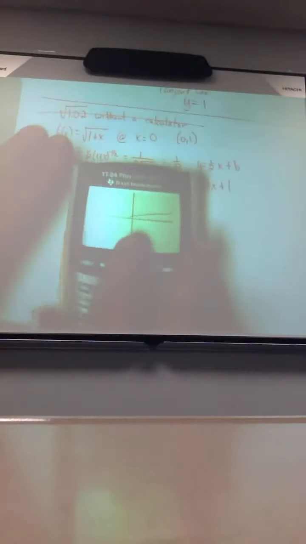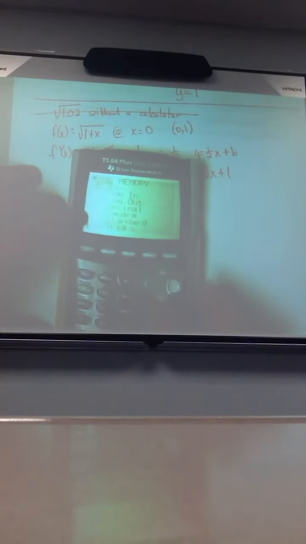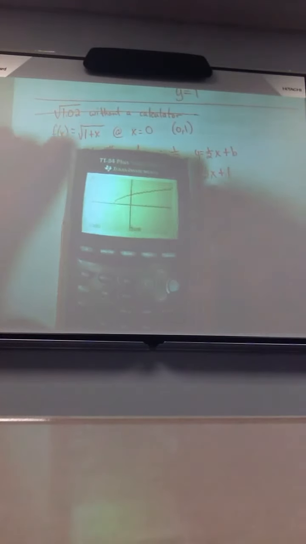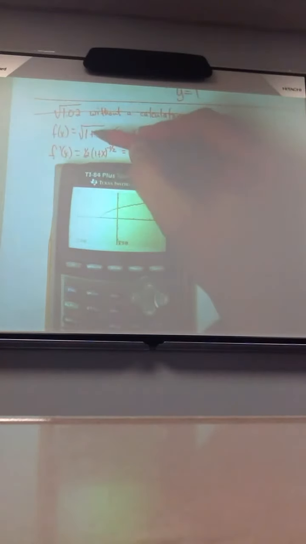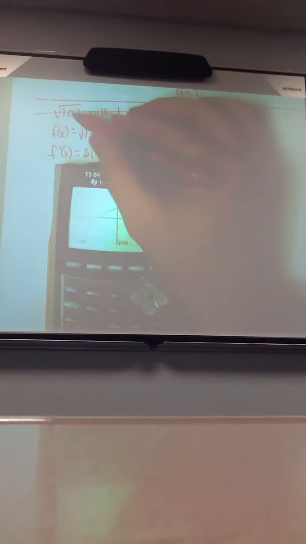So here's the graph of this, square root of 1 plus x, right? I'm going to zoom in a little bit. There's the graph of it. Now, if I plug in 0 for x, I get 1, right? Because the square root of 1 is 1. But I wanted to find the square root of 1.02.